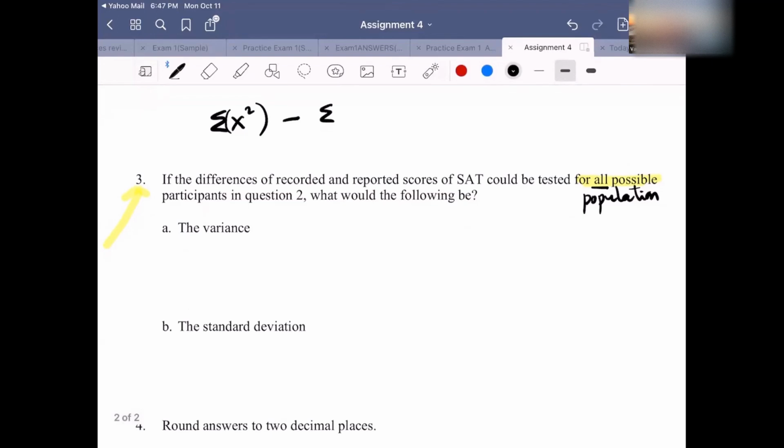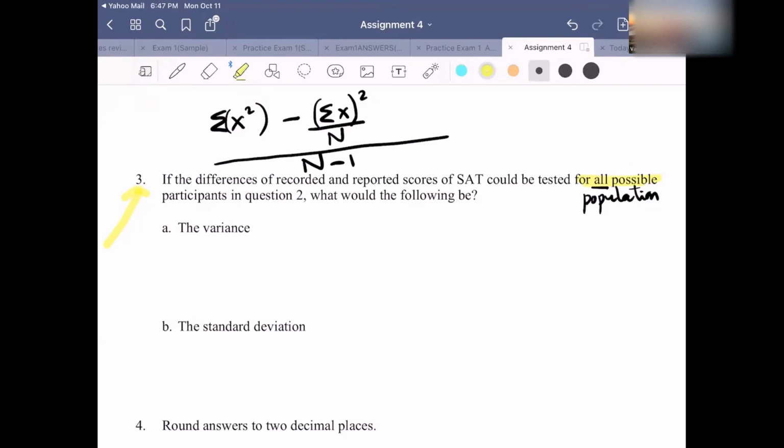So the sum of the x, and then you square it, right? That's the formula from part A, part 2, right? And then n. But now for the formula, you need to take n minus 1. This is the only difference between part A and part 3, okay? And when you subtract 1 from n, that means that is the formula for the population, okay?